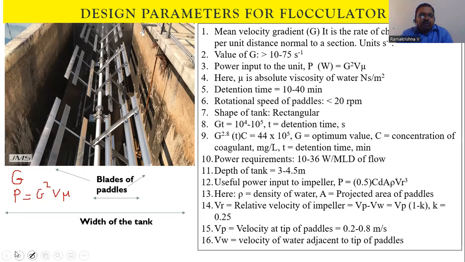This compares to the higher values in the flash mixer, where we went to more than 300 per second. Then again the relative velocity: the relative velocity VR is equal to VP minus VW.